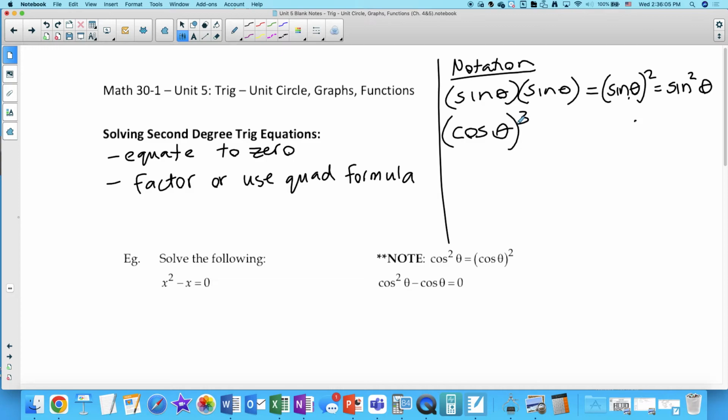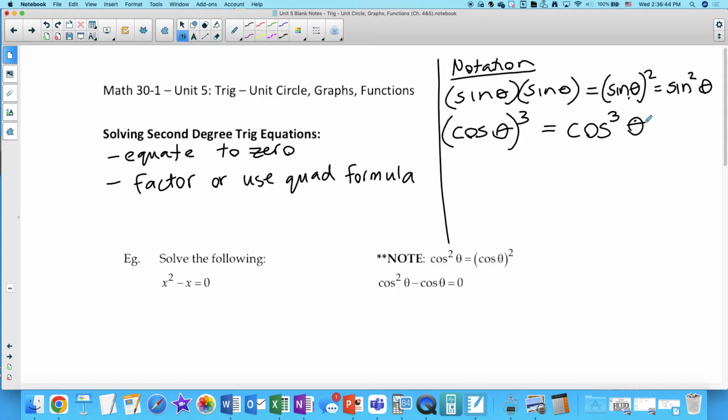Now, personally, when I'm working with these trig ratios, whether I'm solving trig equations like what we're going to do, which is going to involve factoring, or next semester, if you keep going, you'll look at things like derivatives or antiderivatives of these things, I always think this way, because in terms of what we're going to do with it, it makes more sense. So I can't give you a good answer as to why we notate the higher degree trig ratios this way, but you need to know what that means. If you'd prefer to rewrite it like this, by all means, go ahead.